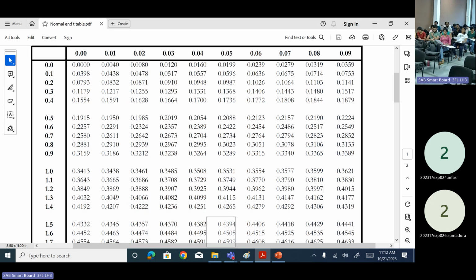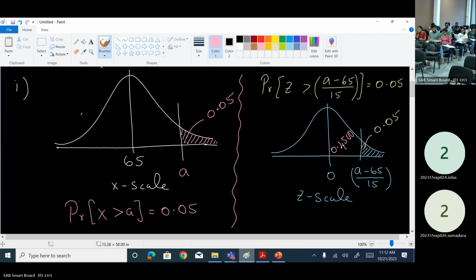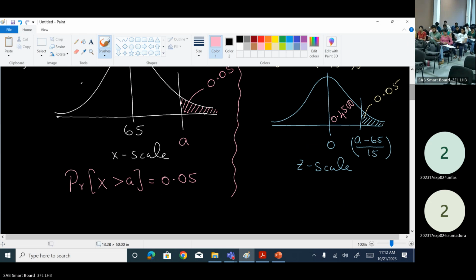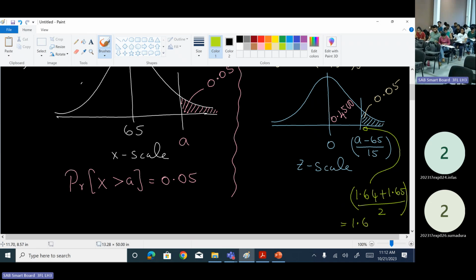So 1.64 plus 1.65 divided by 2 is 1.645.